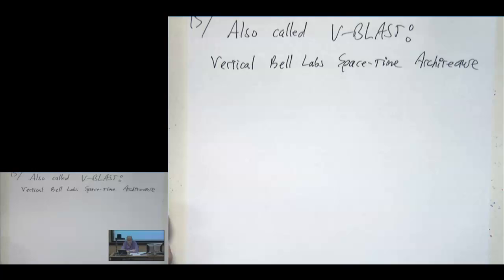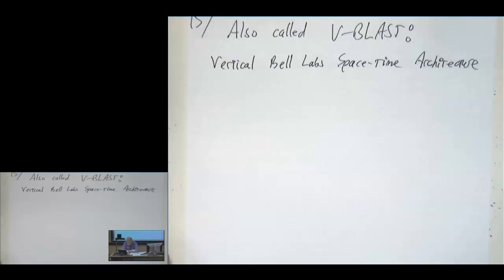But he didn't give it a good name, so everyone called it the Alamouti code. Now, his colleagues who created this Vertical Bell Labs Space-Time architecture incorporated Bell Labs in the name. So, of course, anyone who's not at Bell Labs doesn't want to use it, so no one wants to use it. They sort of marketed themselves out of the whole naming game here.